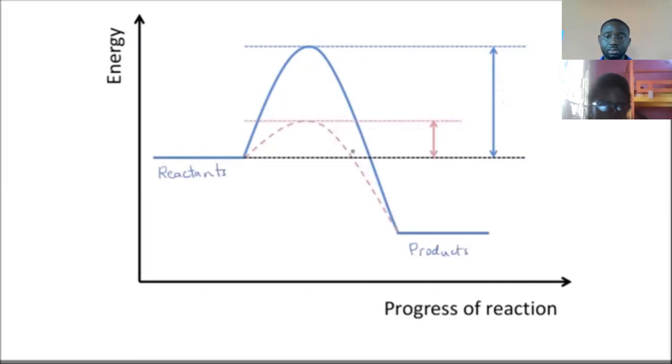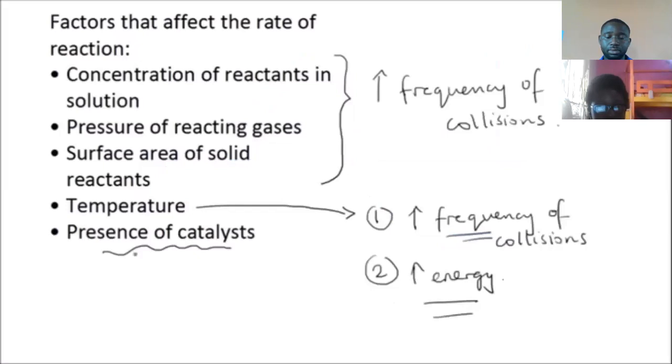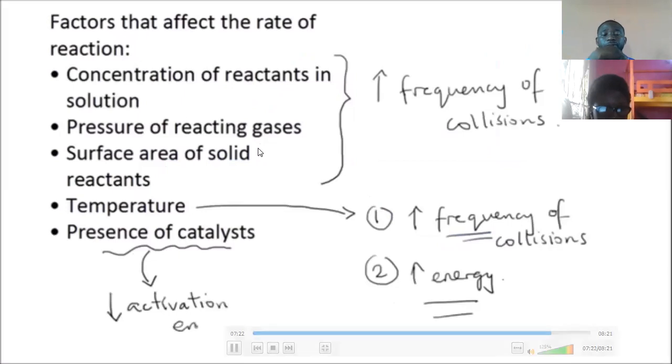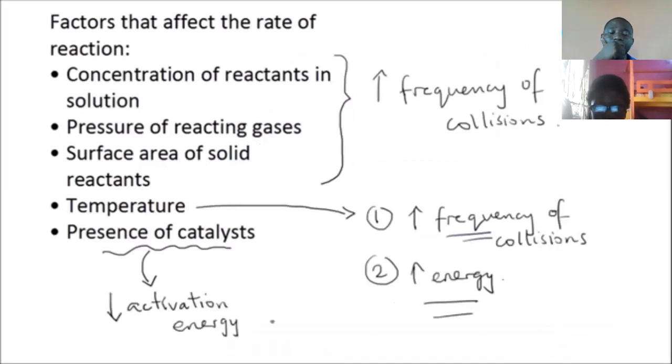Now we look at the pink curve, and this shows the activation energy when a catalyst is present. So basically, a catalyst will reduce the activation energy that is necessary for a reaction to take place. So to sum up, a catalyst reduces the activation energy necessary for a reaction to take place.